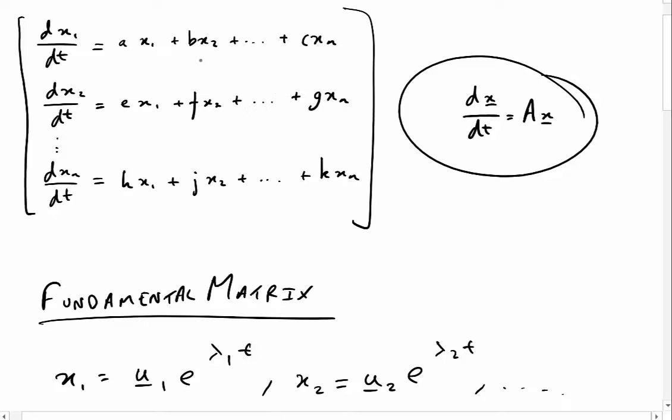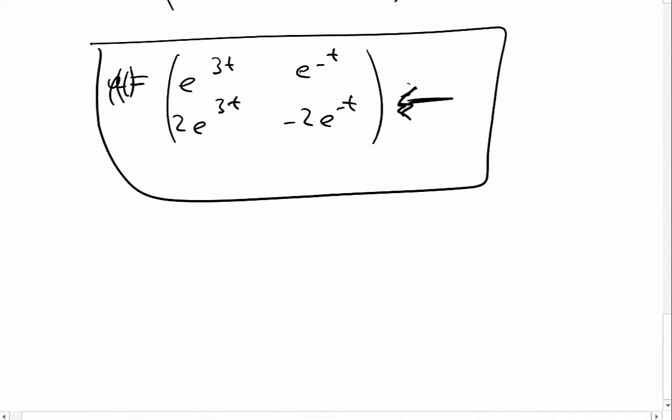Let me write it down to show you. Let's say we have solutions x1, x2, right the way through to xn. Our general solution will be these solutions added together, right the way through to xn.